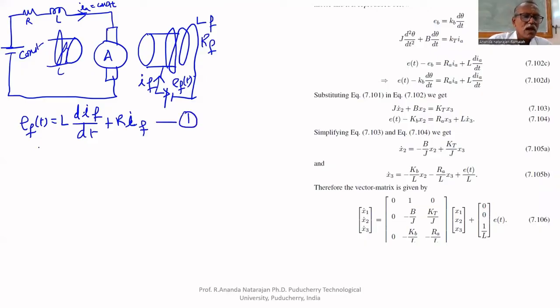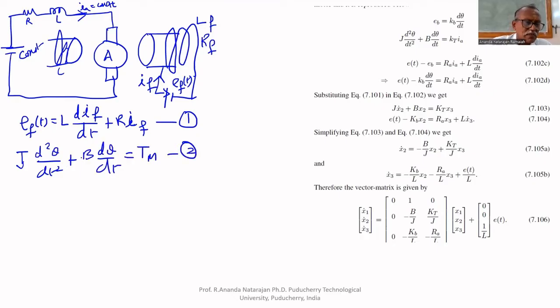First equation. Second equation is J d square theta by dt square plus B d theta by dt equal to Tm, as we have seen in the previous.